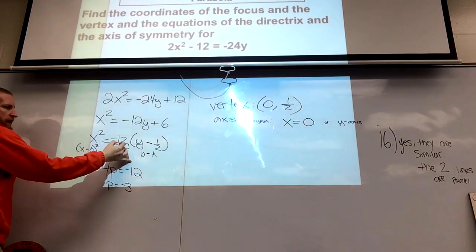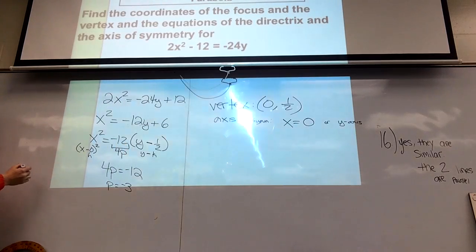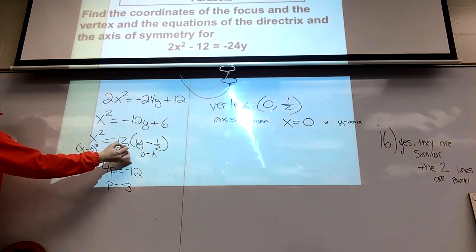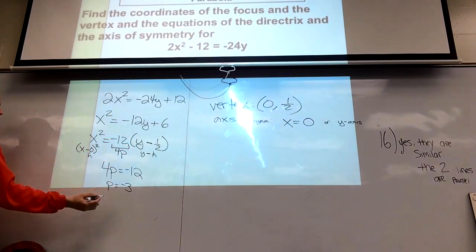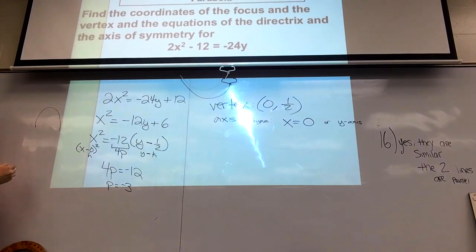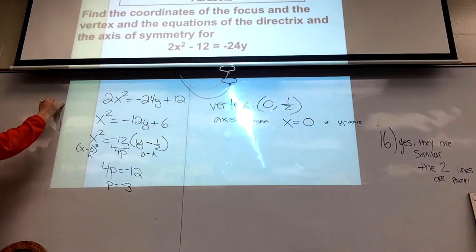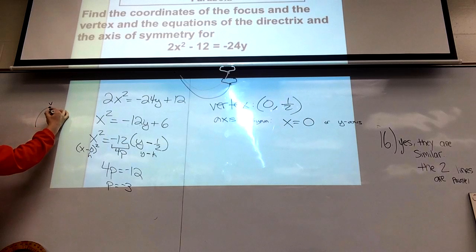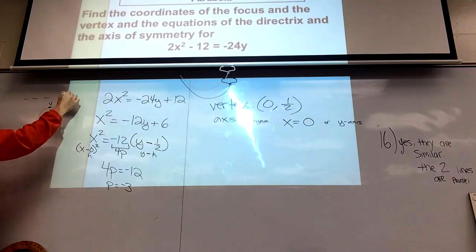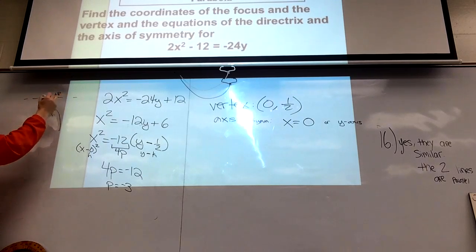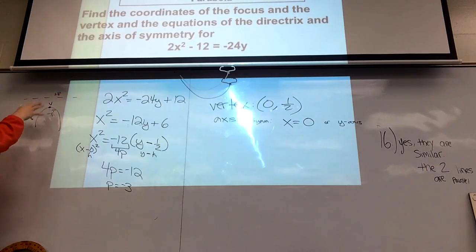Since this is a negative value, right, this number here, if that's negative, the p-value is negative, that means it should be opening that way. So in terms of my vertex is there. That means that my focus point now is sitting below it. So to get my focus, I'm going to be subtracting p, and my directrix would be up here, so I'm going to add p to get that one. So the opening up or down tells you whether or not really you should add or subtract.